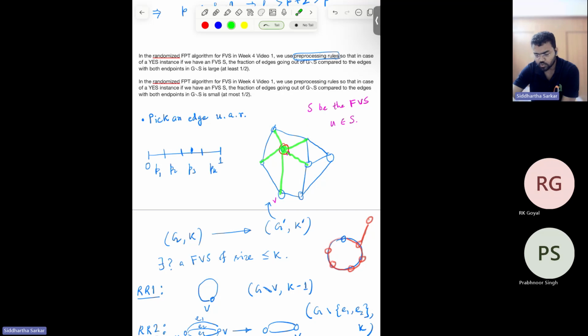So that is why those edges which are incident to U are deleted.